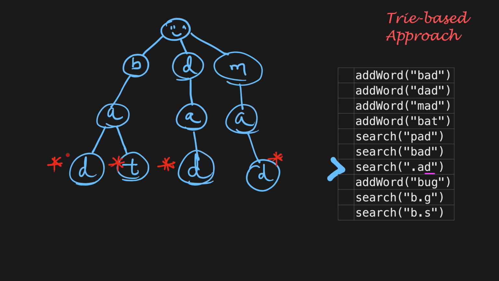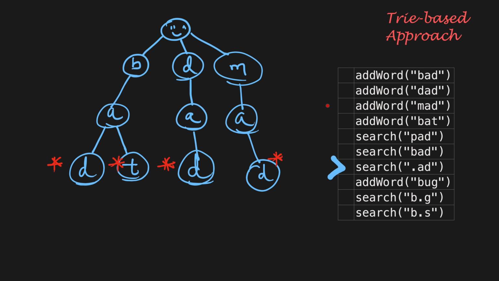Since it was the last character in the word, we must also check if the isEndOfWord flag is set on the node D, and the answer here is yes. So we return true from this path. We found one word which matches the pattern .AD, and hence we immediately stop and return true without ever checking the paths starting with D and M.